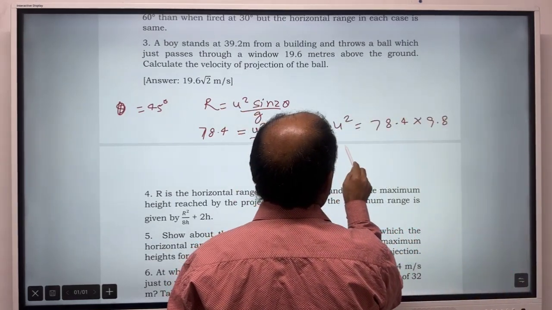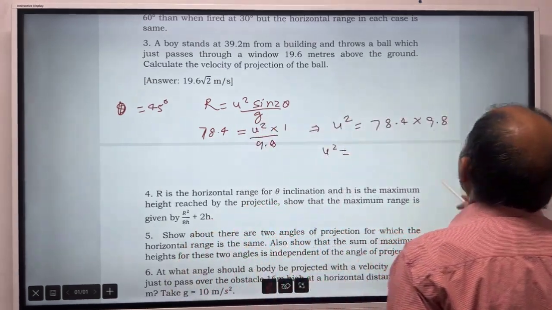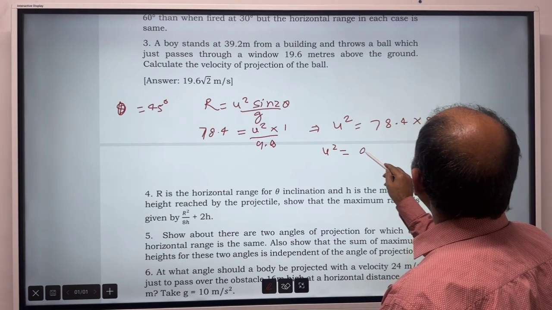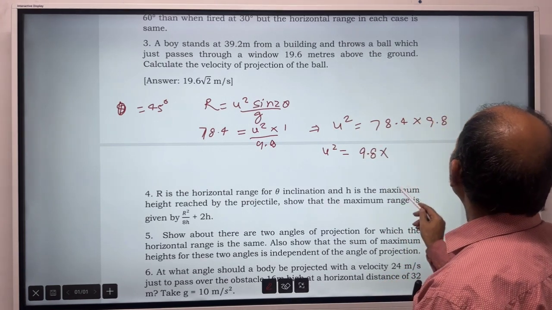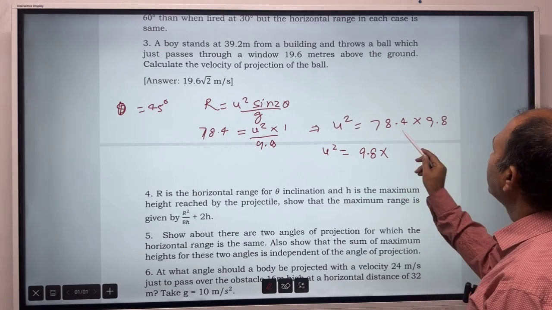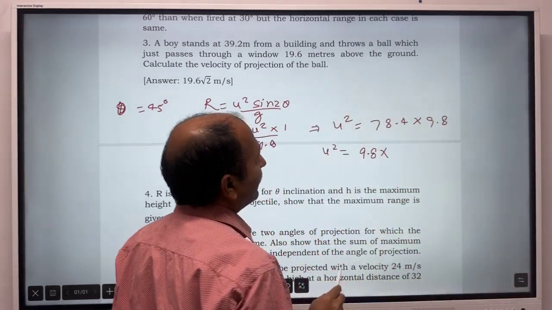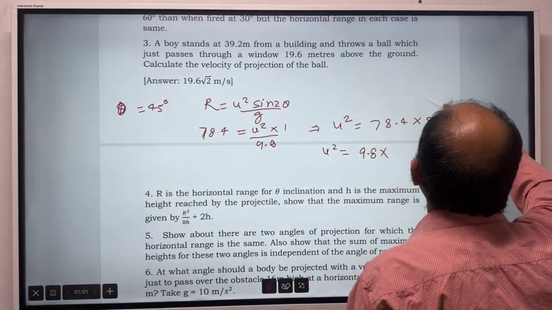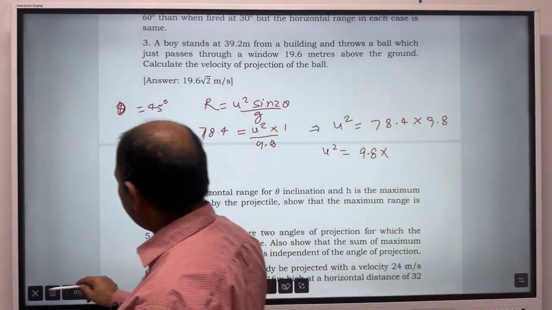but we can break it, u square. Now if you write it like 9.8 times, this will become how much? This is in the table of 9.8. Let's see how.